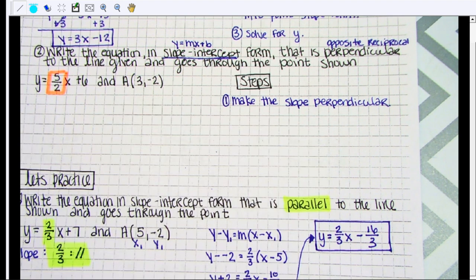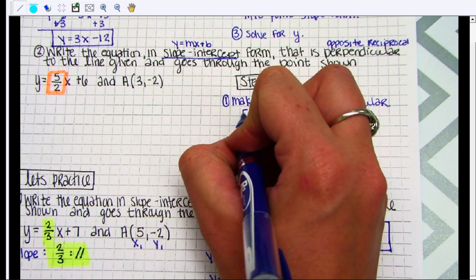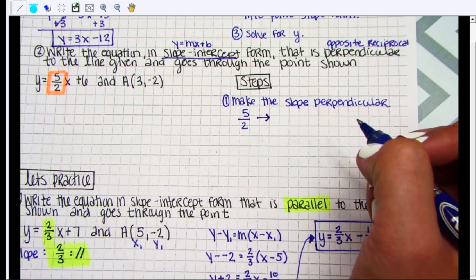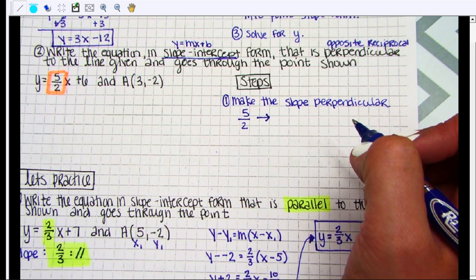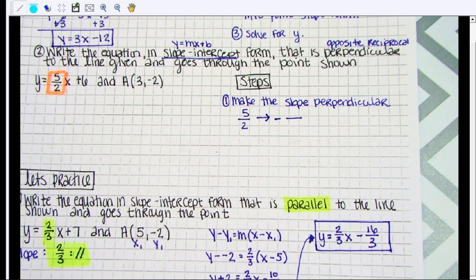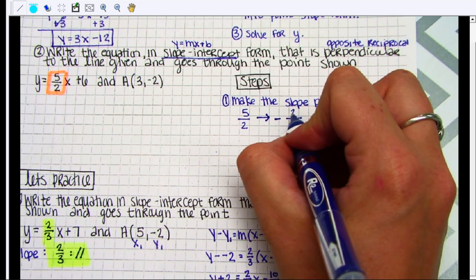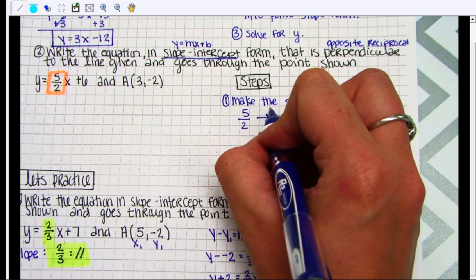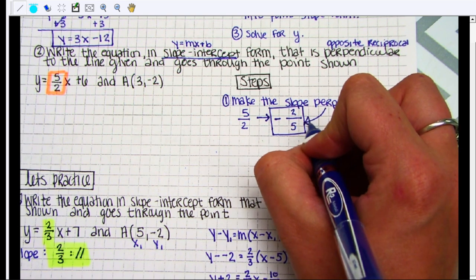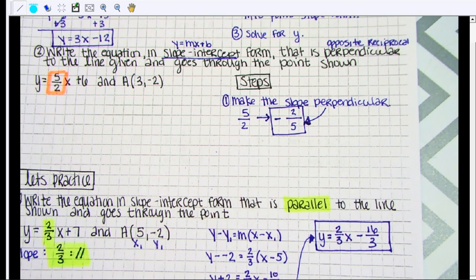But do I want to keep it the same? No. So I'm going to write 5 over 2. How can I change that to make it perpendicular? I'm going to make it negative. What does my fraction do? 2 over 5. Good, it flips. So this is my new slope. That's the slope I want to use. The math is the same, only now we're just changing slope.